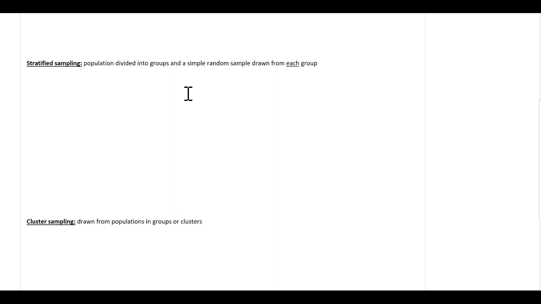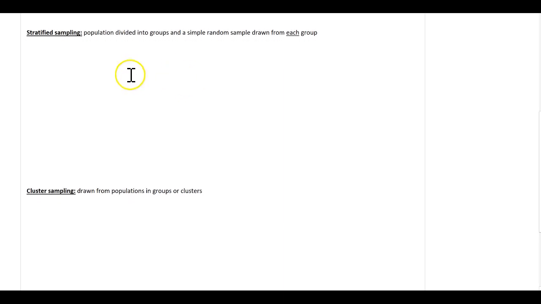The third type of method, actually the third and fourth types, are very similar. So the third type is called stratified sampling. The fourth type is called cluster sampling. So let's look at stratified sampling. The population is divided into groups, what we also call strata, and a simple random sample is drawn from each group.